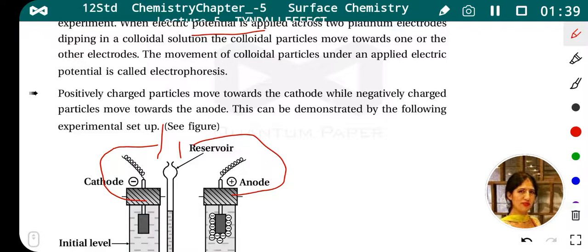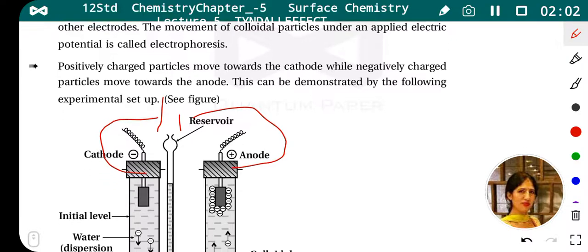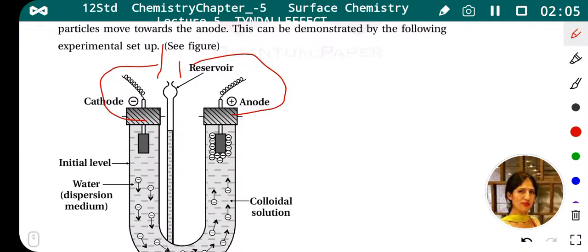As the colloidal solution is present inside, the electric field, the electric potential developed, will help the movement of colloidal particles. So what will happen, students? The negatively charged colloidal particles move towards the positively charged terminal, that is the anode.